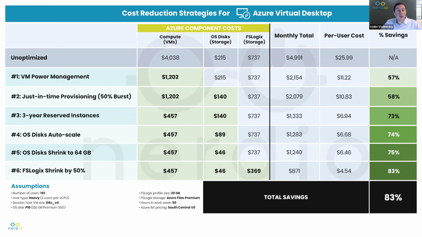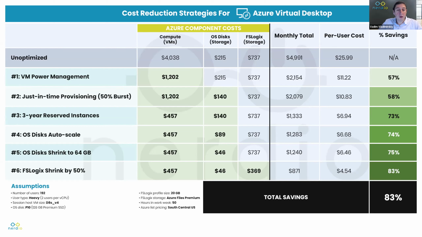So what Nerdio Manager does is it can go into these FSLogix containers and it can compress them by removing the white space from within the VMs and reduce them by at least 50%, and in most cases even more than that. And then once those files are reduced in size, it will go into the Azure Files premium share and automatically adjust the quota so that you actually see that savings on your Azure bill.